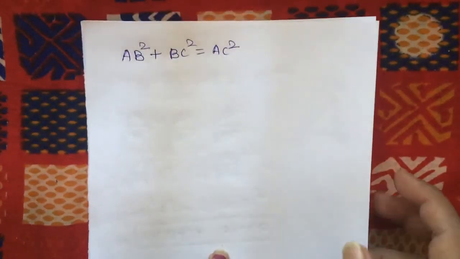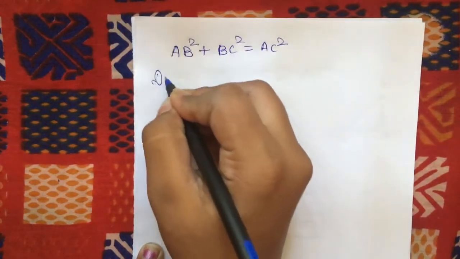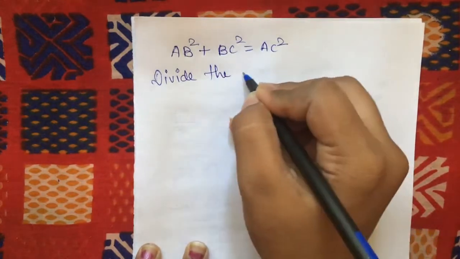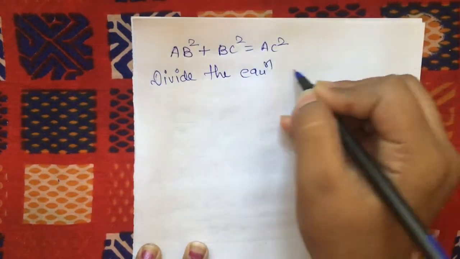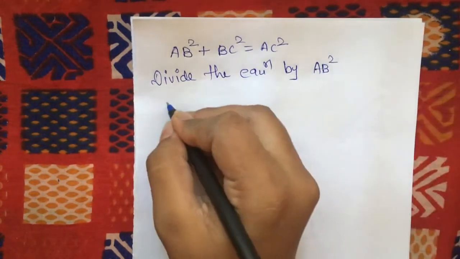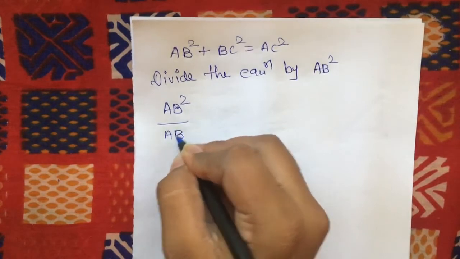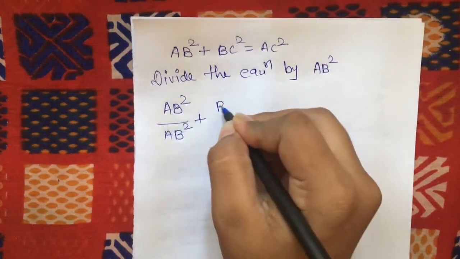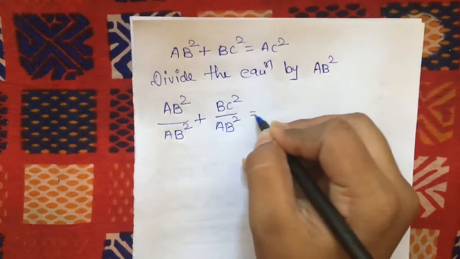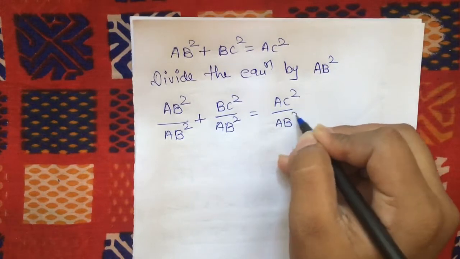And if we divide this equation by AB square, the equation turns into AB square upon AB square plus BC square upon AB square is equal to AC square upon AB square.